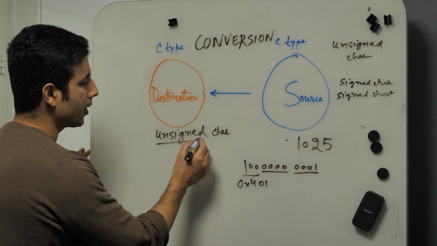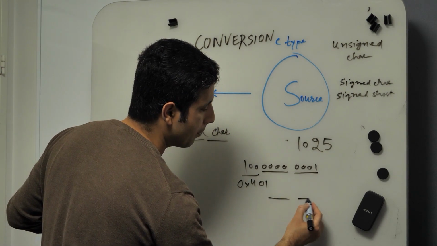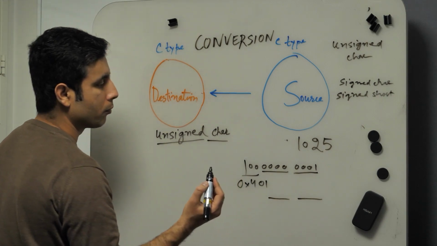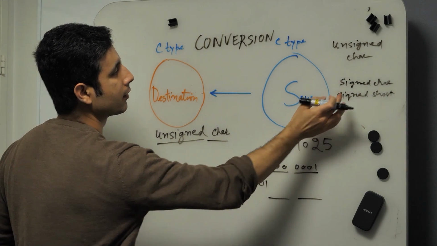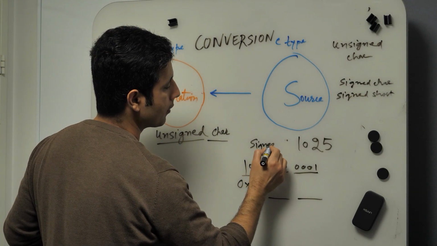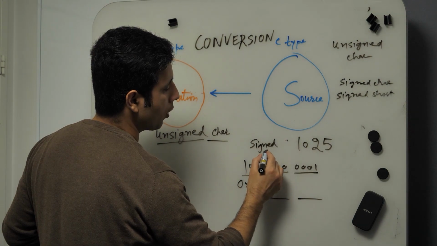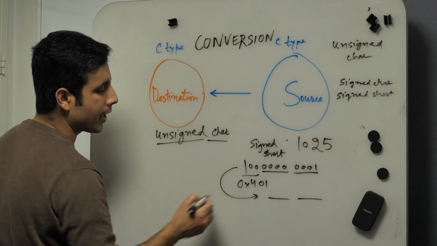Now, the destination here is an unsigned character, so it can only store 8 bits. In this case, because it's signed, let's assume it's a signed short. So what will go to the destination?